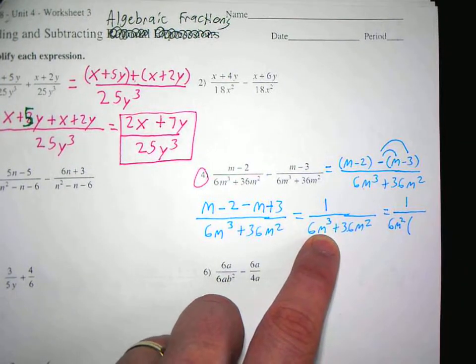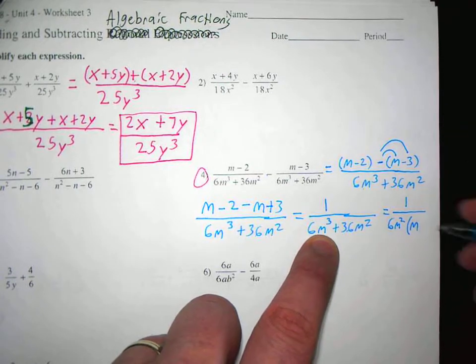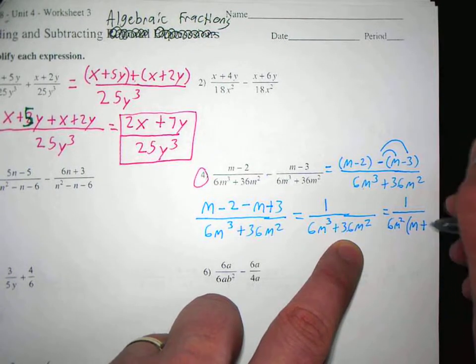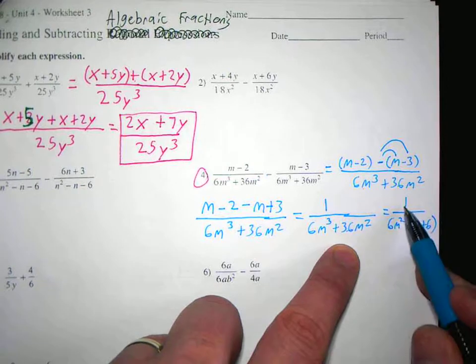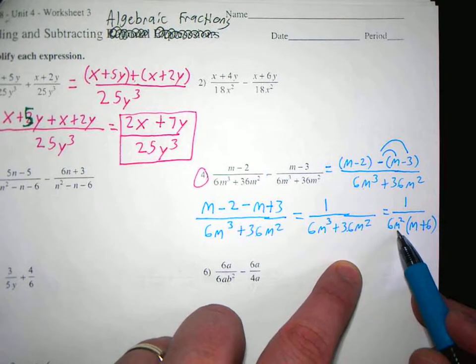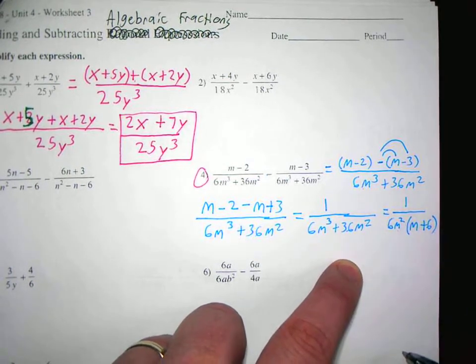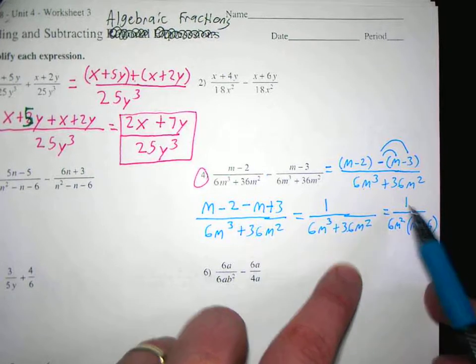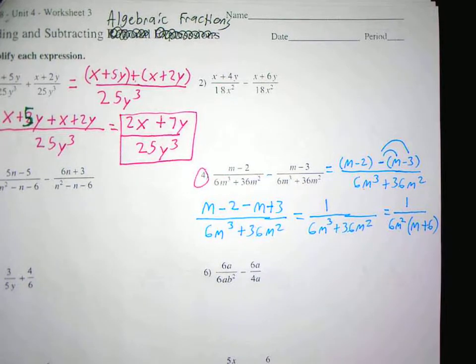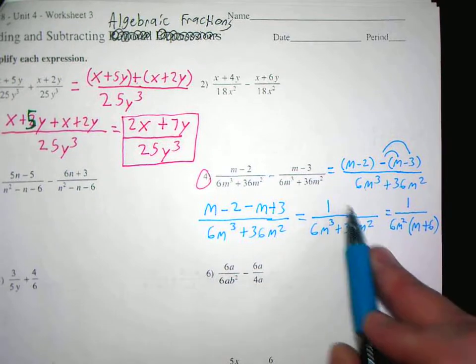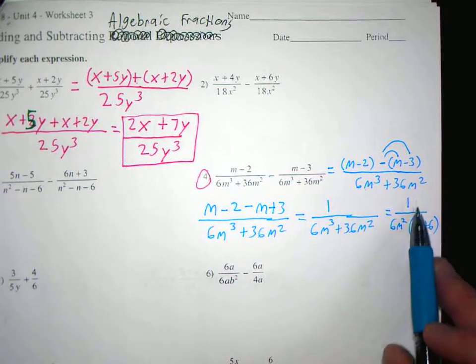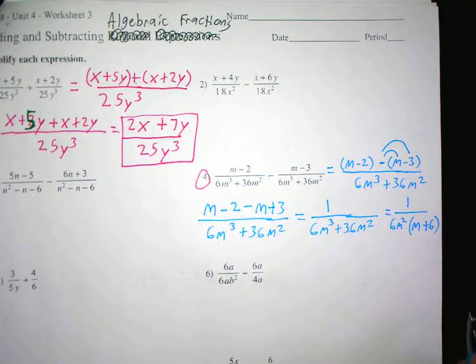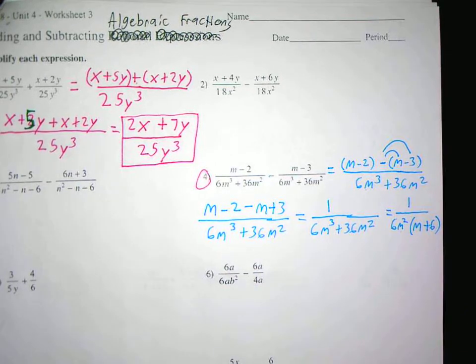And so that would leave here an m, and here a plus 6. And had there been an m plus 6 up here, it would have canceled. Had there been any m's by themselves, they would have canceled. And had there been a 6, things would have canceled. Okay, so like I said, technically this is fine, but on the AccuPlacer they tend to write it like this. That is your final answer, yes.